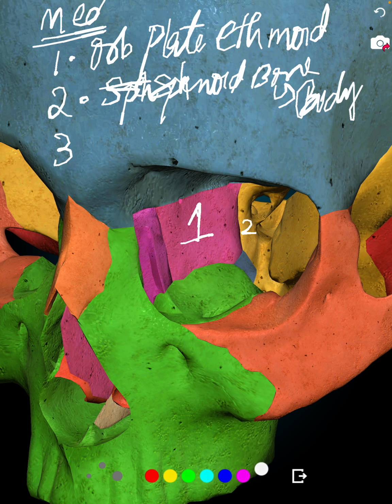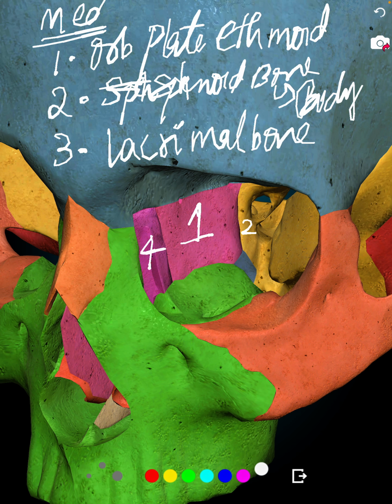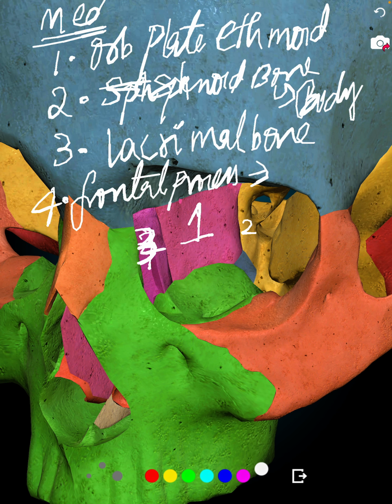Okay, and then we have the third bone, which is going to be your lacrimal bone, which is over here, number three over here. Okay, and then number four, we have the frontal process of maxilla, which is over here.